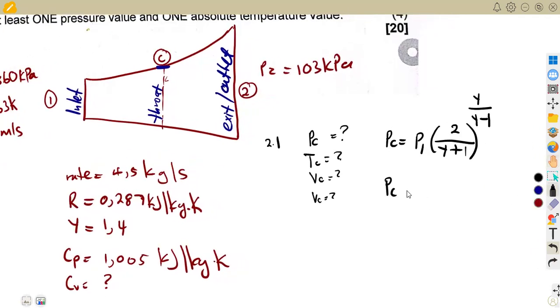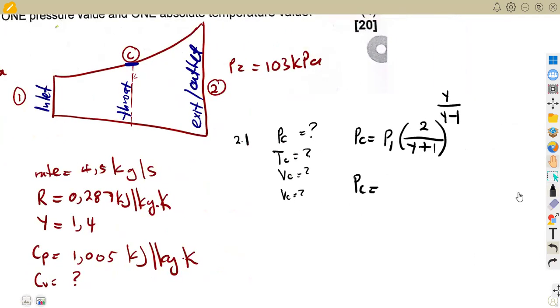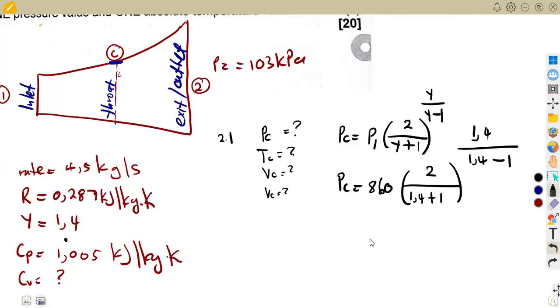So PC is equal to P1, the inlet pressure, which is 860, into 2 over gamma plus 1, where gamma is given as 1.4, to the exponent of gamma over gamma minus 1, which is 1.4 over 1.4 minus 1.